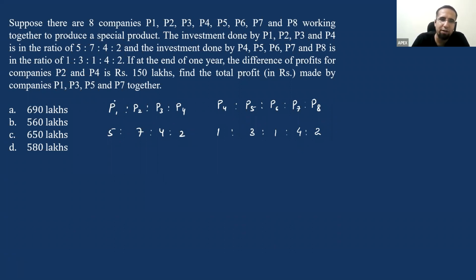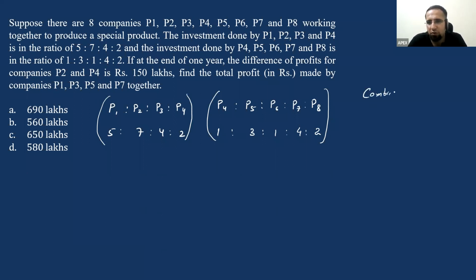Okay. And I know that the ratio of their investments will be equal to the ratio of profit sharing. Now, if I have 2 different ratios, I need to combine both the ratios. So in order to combine 2 ratios, all that we need to do is we need to see that the repeated terms should be numerically same. So I multiply my second equation with 2 completely. And therefore, I will finally get the ratio of P1, P2, P3, P4, P5, P6, P7, and P8.